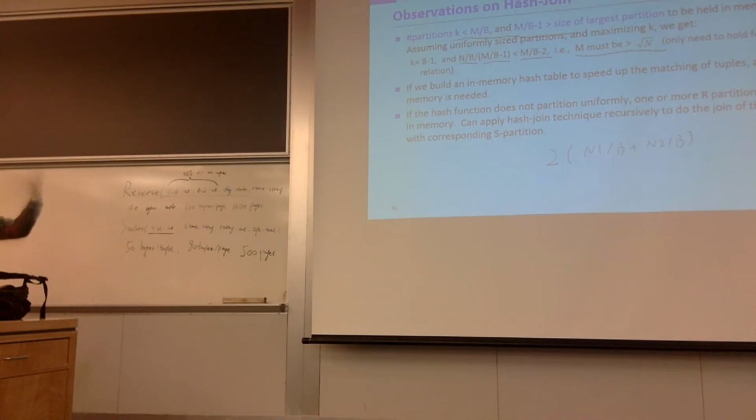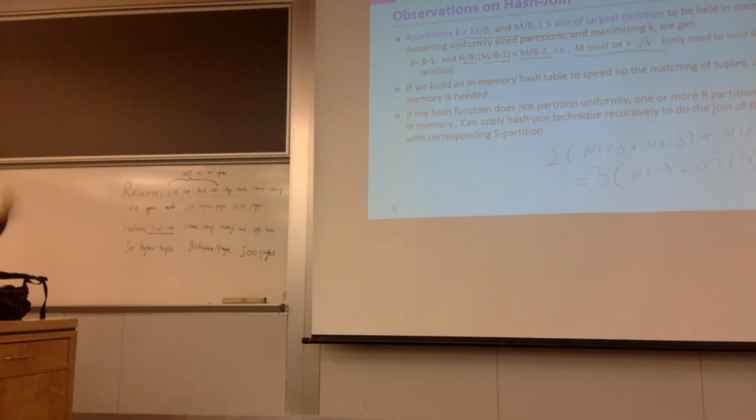For everything you build an in-memory hash table on, you just read it in. For everything in the probing relation, you stream everything through the input buffer, and every page is read once. So that's plus n1 over b plus n2 over b. That amounts to 3 times n1 over b plus n2 over b.